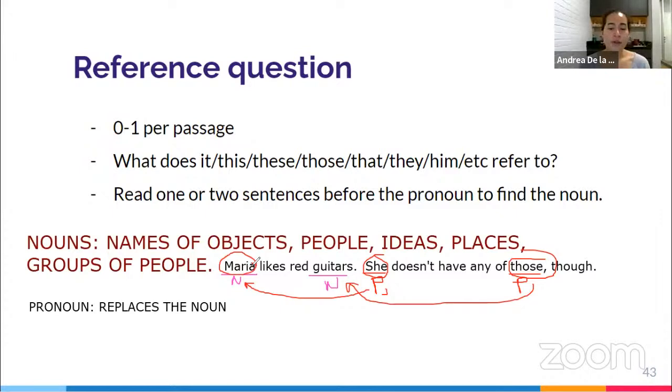Now, this is a little bit of the grammar behind the question, but honestly, I don't think you need to really know this. When you read, it's a bit more about common sense. You will know in a matter of seconds, without even knowing what a noun or a pronoun is. Okay, so we're not gonna spend too much time here. I just wanted you to have a bit of context so that you get into the question. But basically, that's what they're gonna ask about. Okay. Any questions so far?